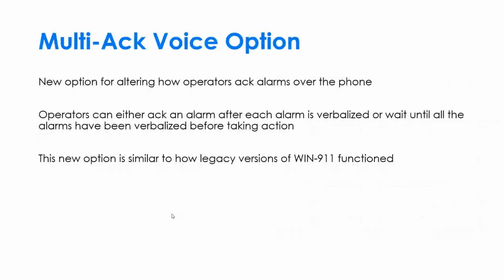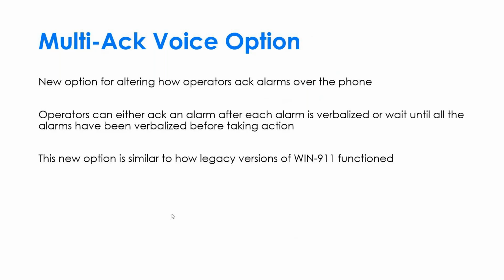And the last thing we'll talk about before letting you guys go, other than the best practices in a minute, is this new multi-ack voice option. If you're familiar with Win911, in the older product we just called version 7 or Pro for a long time, it had a different way of reading alarms out to you on the phone.